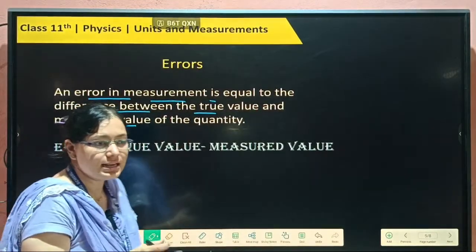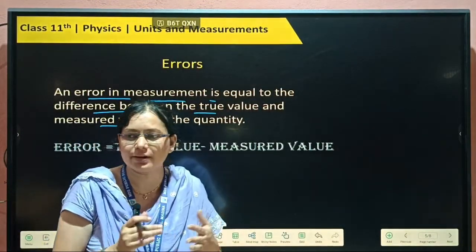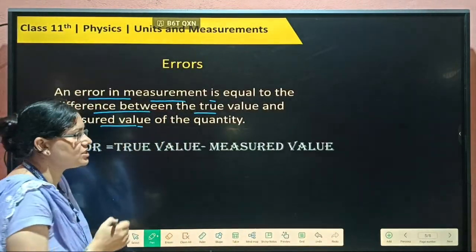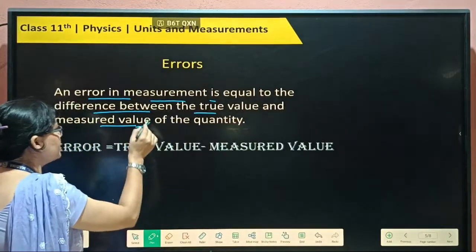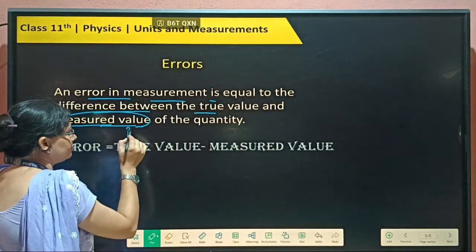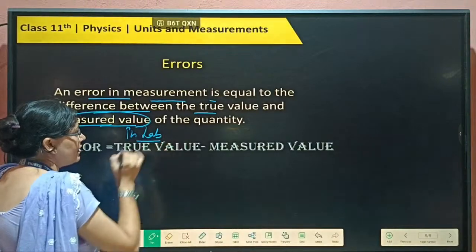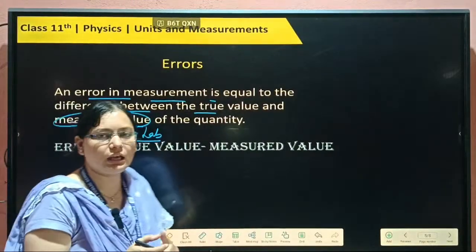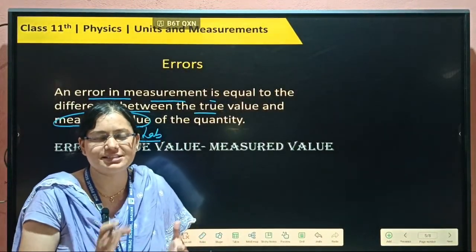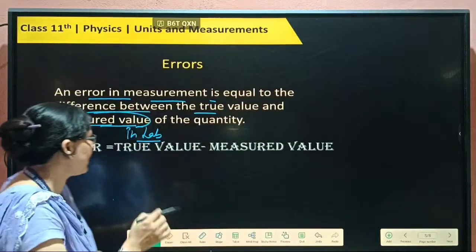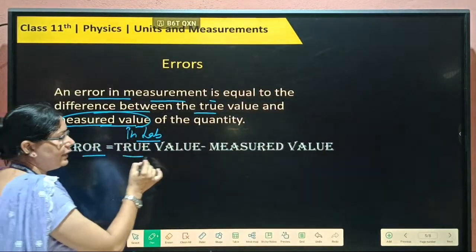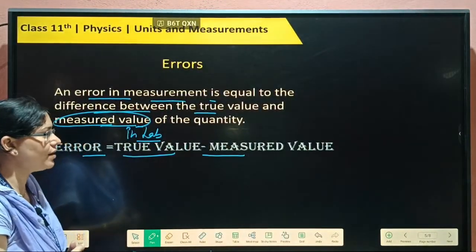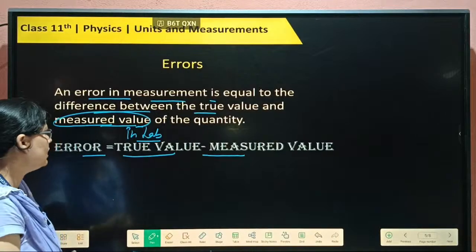True value means the theoretical value written in our books, and the measured value is what we obtain by performing the measurement in the lab. That change from the true value to the measured value is known as error. So how can we find this error? Error equals true value minus measured value.